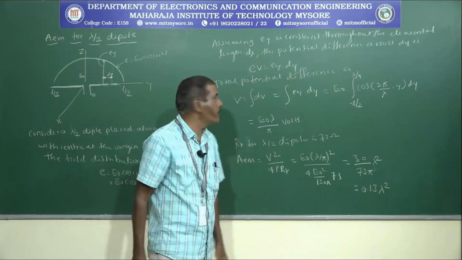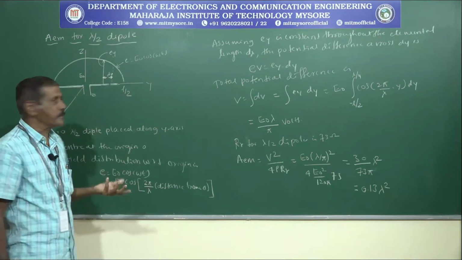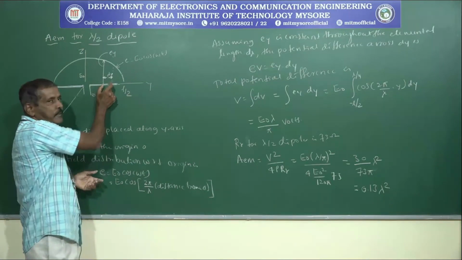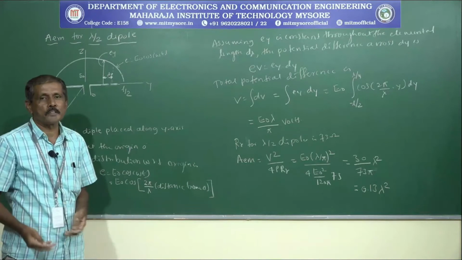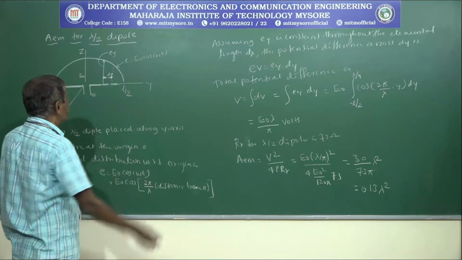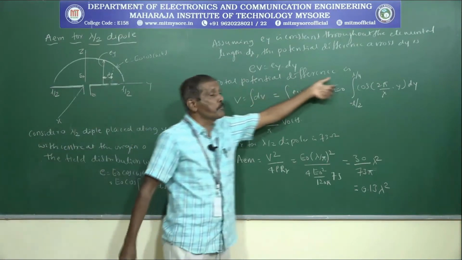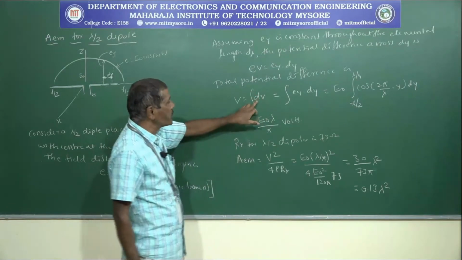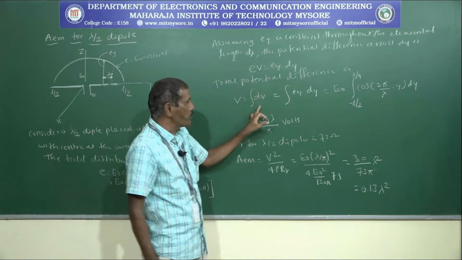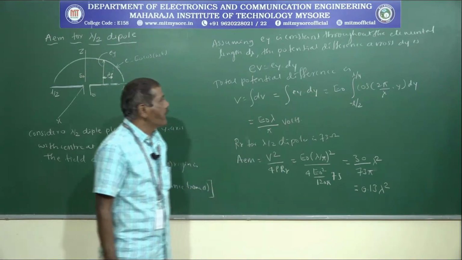Because you have considered it for just a small part of the length, you are now supposed to consider the potential difference for the entire length of the antenna. Therefore, the total potential difference V is equal to the integration of Ey into dy.